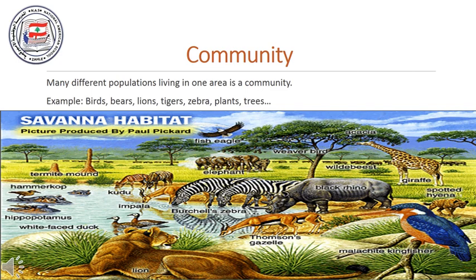So what is a community? Many different populations living in one area is a community. For example, when we talk about a community, we can talk about birds, bears, lions, tigers, zebra, plants, trees. All of these together form a community.